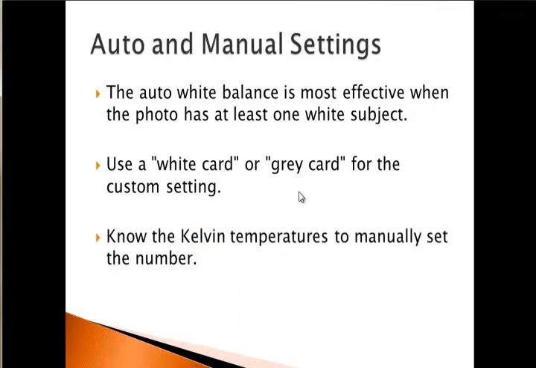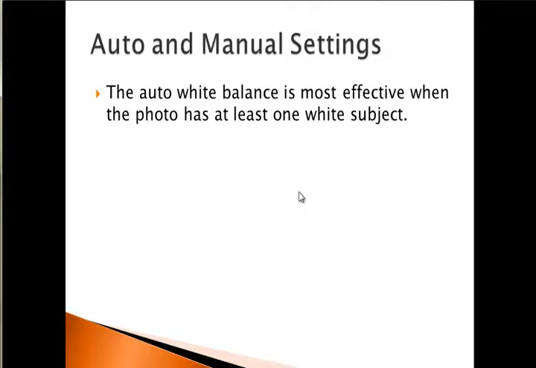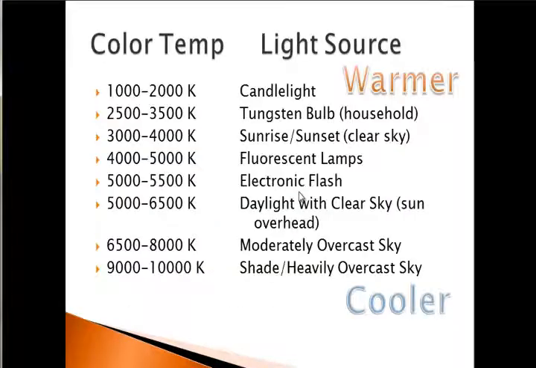Know the Kelvin temperatures to manually set the number. So way back here, there's the Kelvin temperatures. If you want to take this and make that into another cheat sheet, which I think I'm going to be doing for myself, and I may even offer it for you if I remember, in a download in this lesson, so you can have it too.